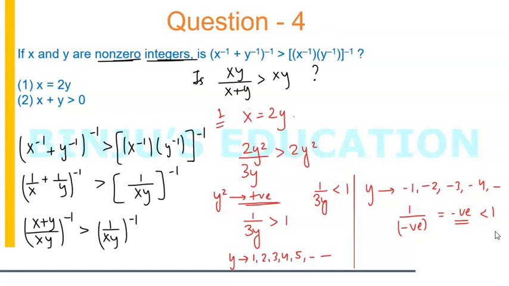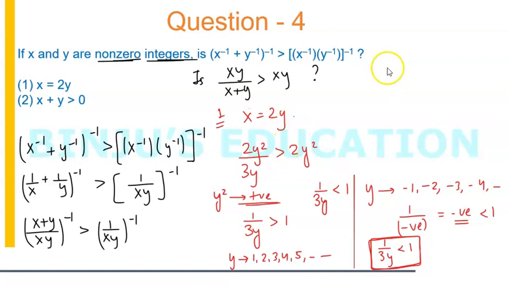So in both the scenarios, whether you take y to be a positive integer or a negative integer, I have a sure result that 1 by 3y is less than 1.